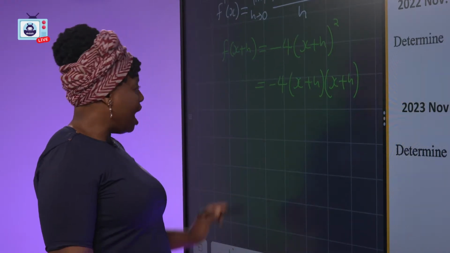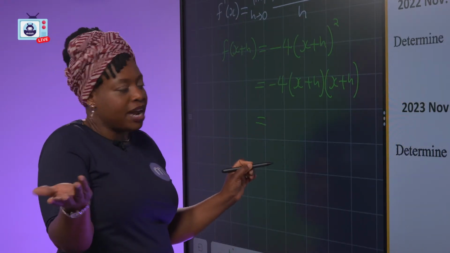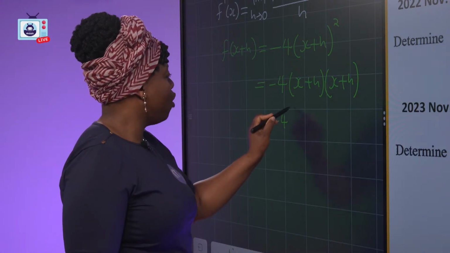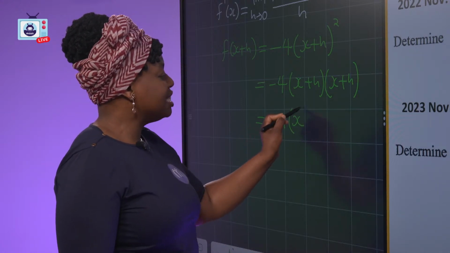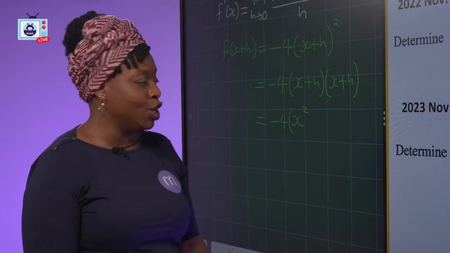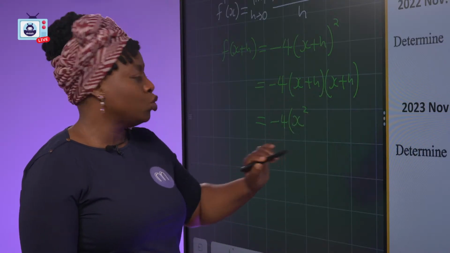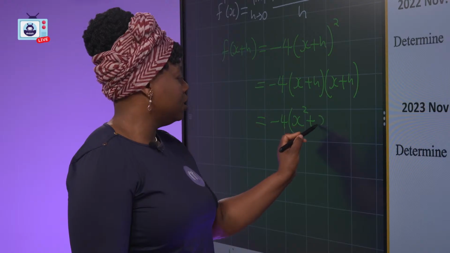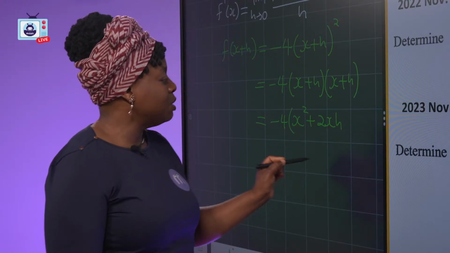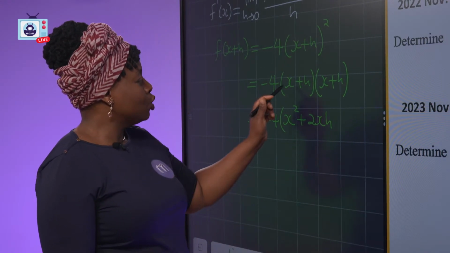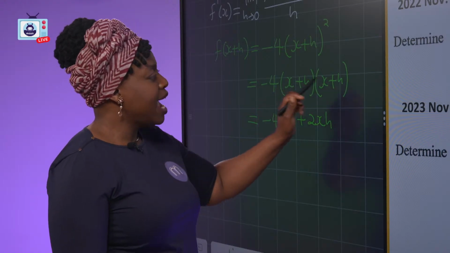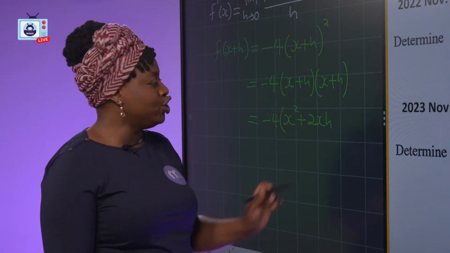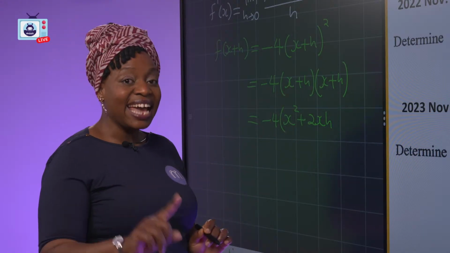Okay. Now after that, we can then remove our brackets. So we have negative 4. When you multiply, this is the pattern I was telling you. When you multiply these two, always they will give you this. But please try to multiply it out so that you can get it. So it's x times x, x squared, x times h, xh, h times x, xh.